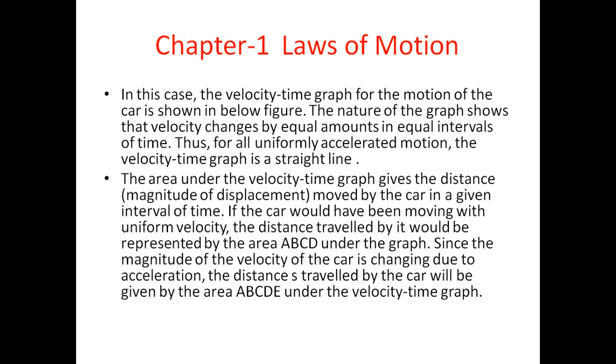The question might arise in your mind: when we use the term uniform, how does acceleration occur? In this question, the body is changing its velocity, but it is changing in a uniform way. So that's why we can calculate acceleration in this case. The nature of the graph shows that velocity changes by equal amounts in equal intervals of time.